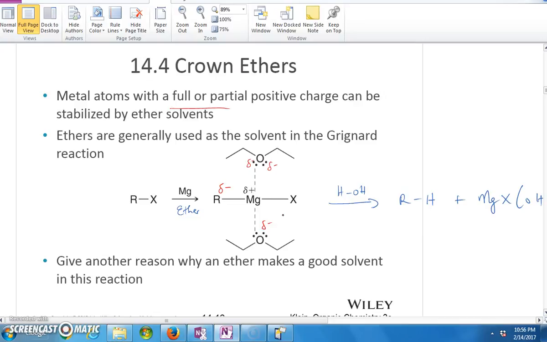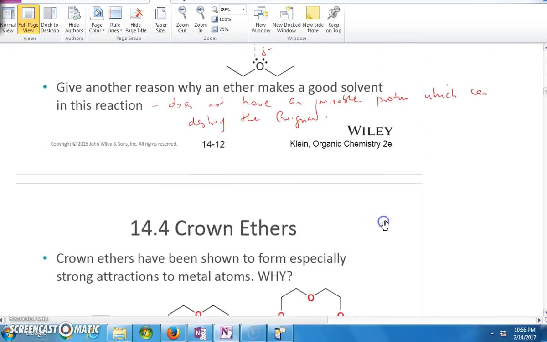So you can see that it stabilizes the magnesium, right? And also it does not have an ionizable proton, which we know can destroy the Grignard. If you have an ionizable proton, you're just going to kill the Grignard, as we saw earlier.